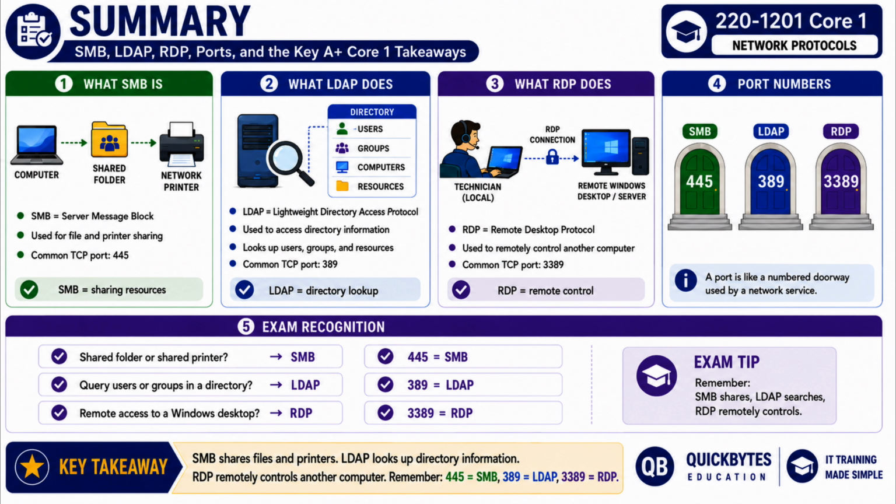LDAP commonly uses TCP port 389. RDP stands for Remote Desktop Protocol. RDP is used to remotely control another computer. RDP commonly uses TCP port 3389. And on the exam, remember, SMB shares, LDAP searches, and RDP remotely controls.